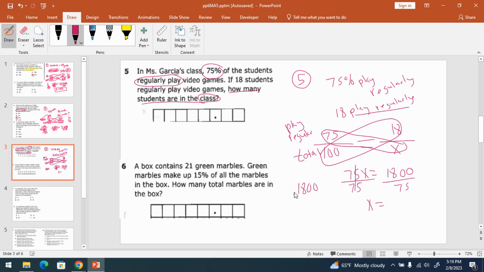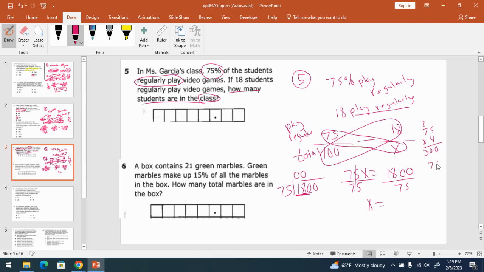1800 divided by 75. I go one digit at a time, not enough. Another digit, still not enough. 180, it's time to guess on the side. So I'm going to take a guess and think it's 4. Let's see what happens. That's 20, 28, 30. I went way over.